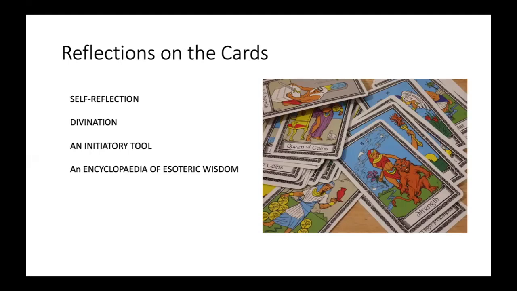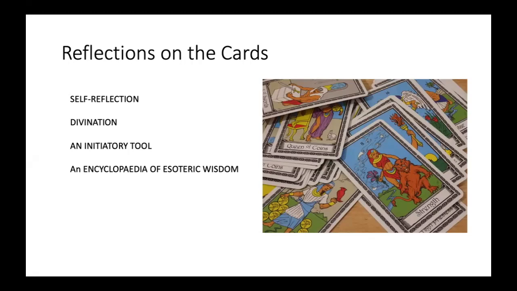Crowley designed the Thoth deck, and Pamela Coleman Smith designed the Rider-Waite deck, as a kind of initiatory tool. These were meant to be understood in a far more esoteric rather than mundane sense.